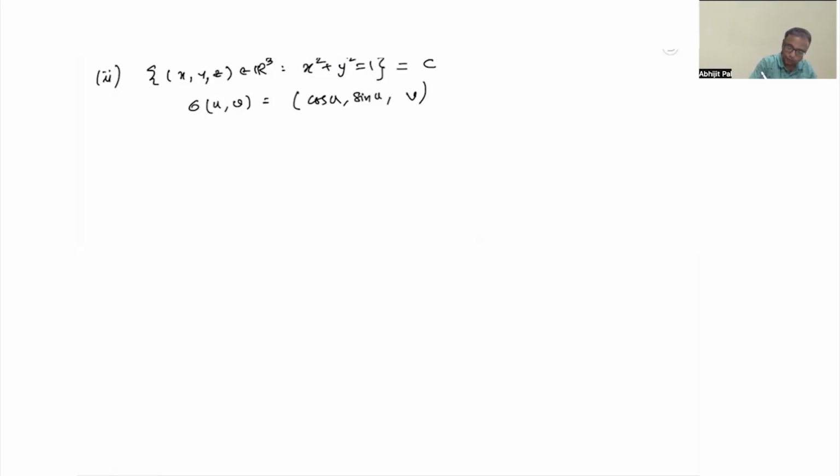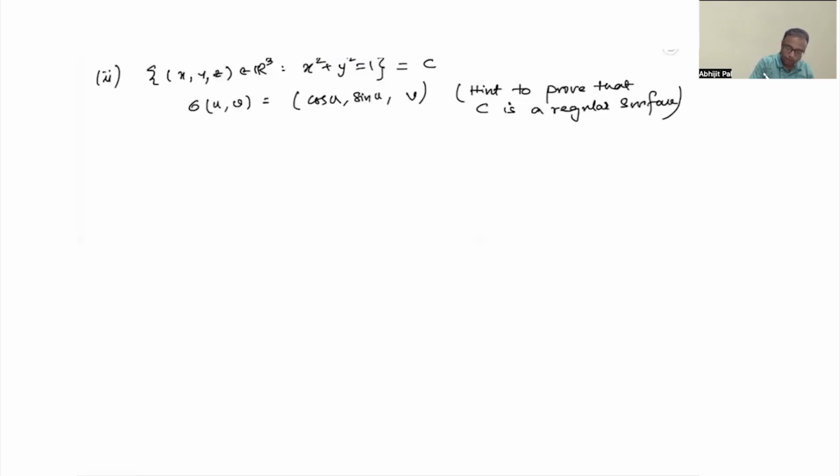Okay, so this is the hint to prove that the cylinder C is a regular surface.